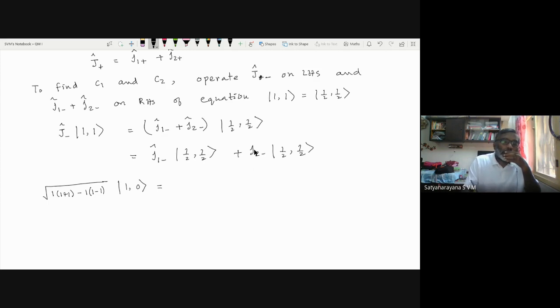Now what is the right hand side? So remember, this is M1 and this is M2. So J1 minus will actually change M1, J2 minus will actually change M2. Correct?